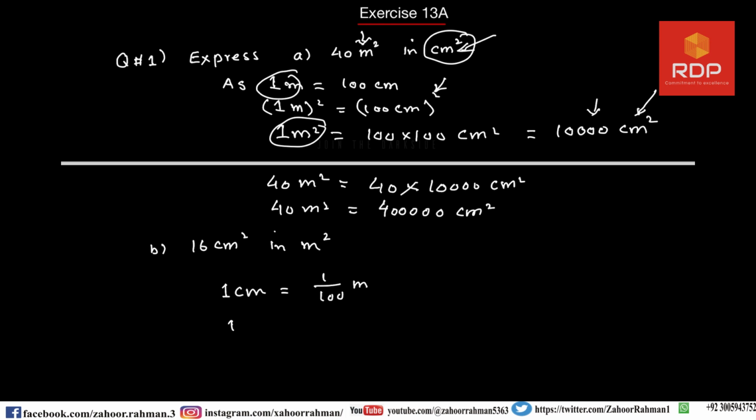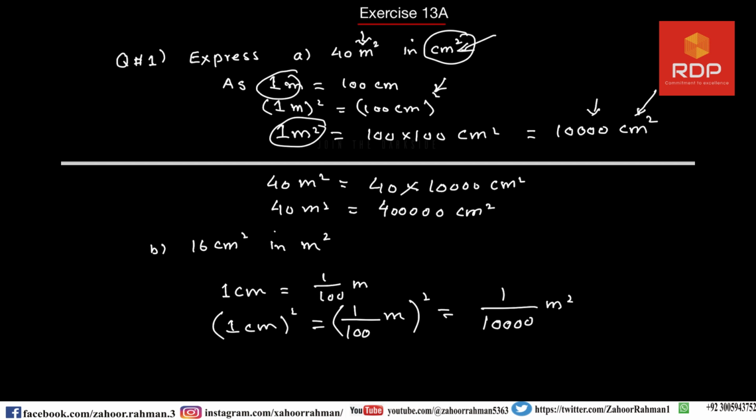So 1 centimeter whole square is equal to 1 over 100 meter whole square, which will be equal to 1 divided by 10,000 meter square.